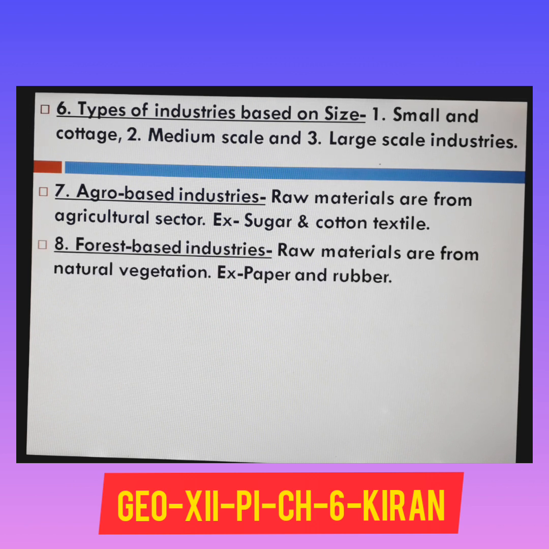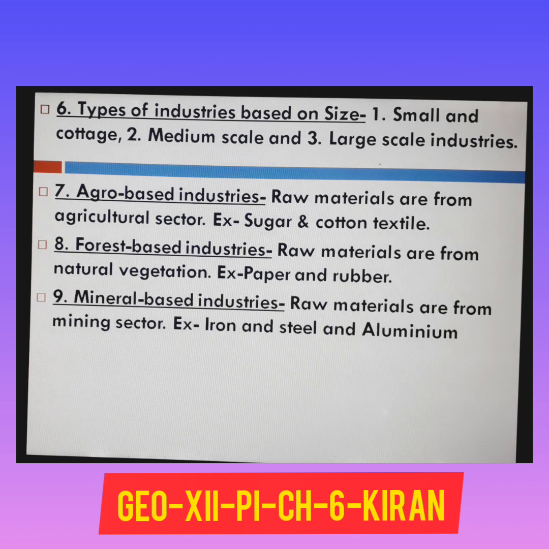Forest-based industries, they get the raw materials from forests or a natural vegetation. Examples are paper and rubber industry. Mineral-based industries, they get the raw materials from the mining area, mining regions. Example, iron and steel and aluminum industries.